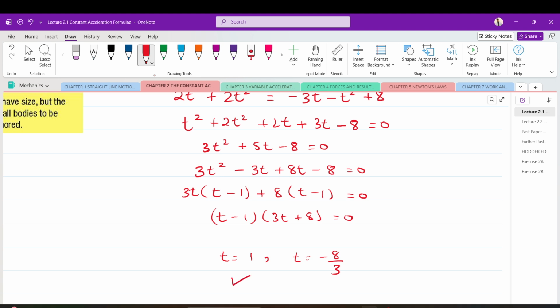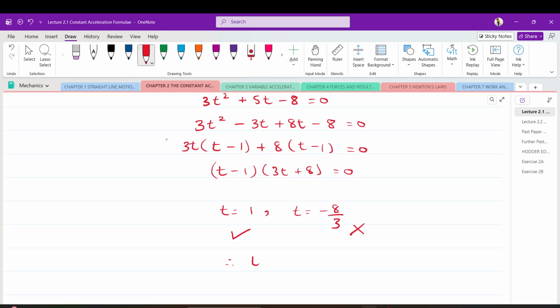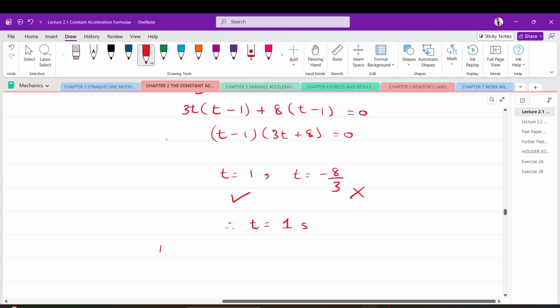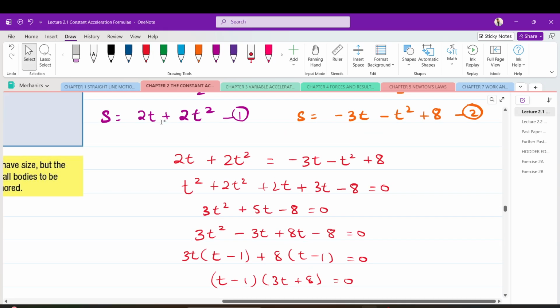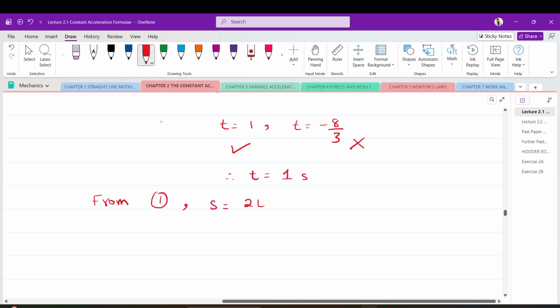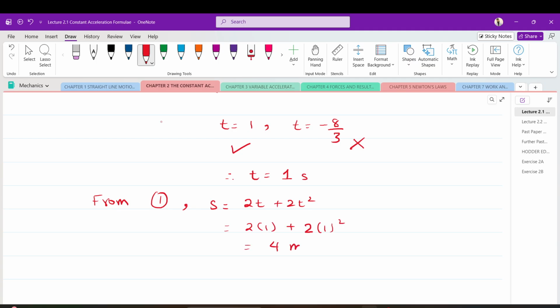So we are going to accept this, and we are going to reject this. Therefore, t is equal to 1 second. So after 1 second, the particles will meet. Now, at what point will they meet? I can plug this value of t into any equation. Let's say I plug this in equation number 1: S is equal to 2t plus 2t squared, that would be 2 times 1 plus 2 times 1 squared, which gives us 4 meters.